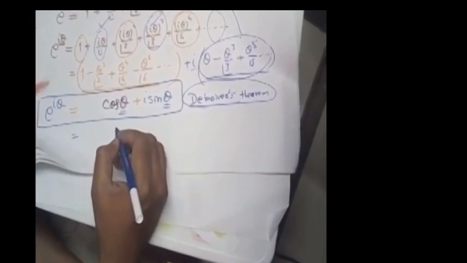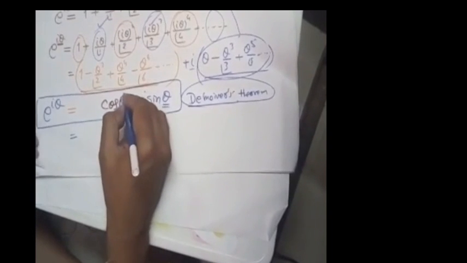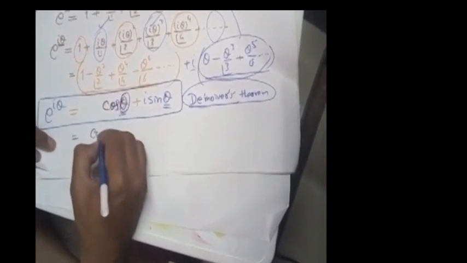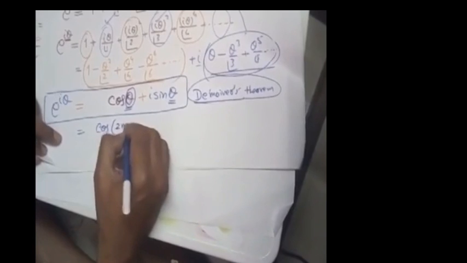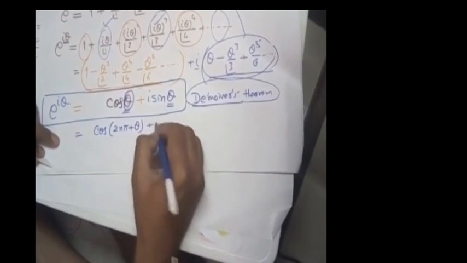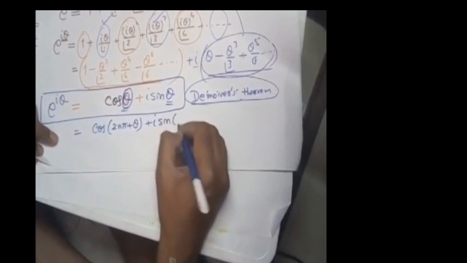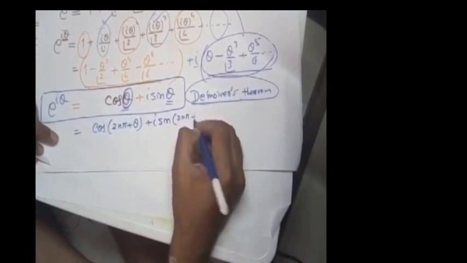But now we will extend this theory again. In place of theta we can also write 2n pi plus theta, because the trigonometric forms are always equal. So we can also use this there.